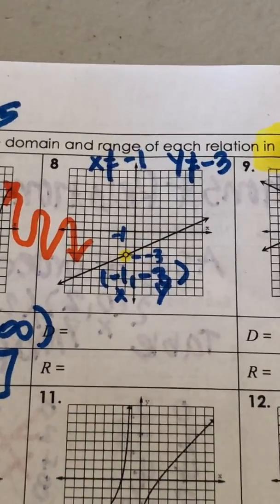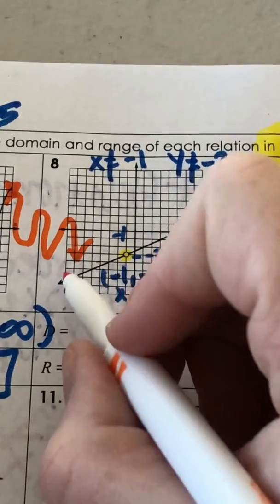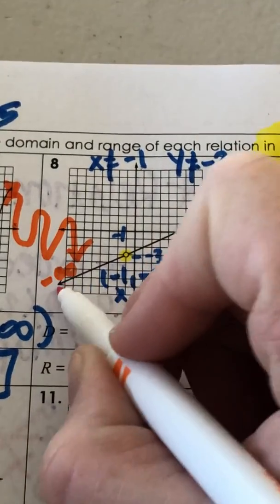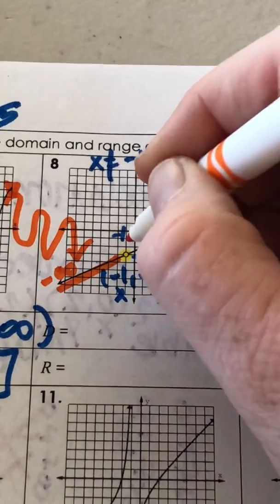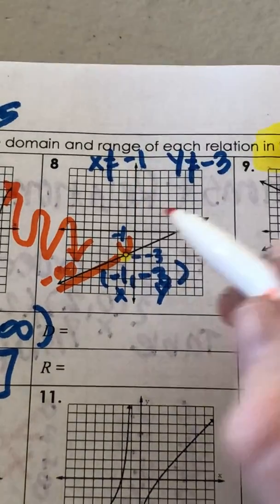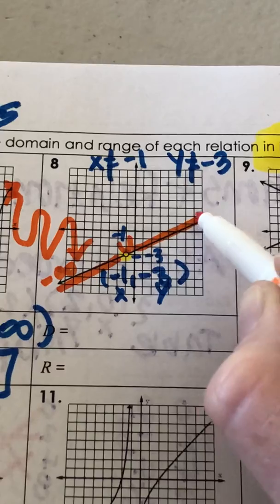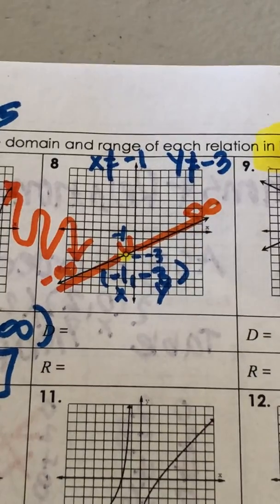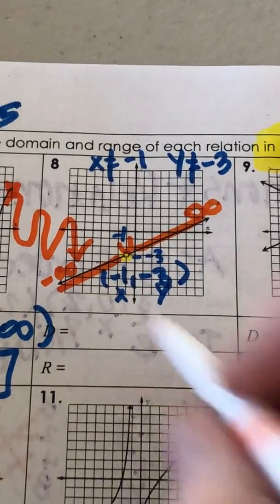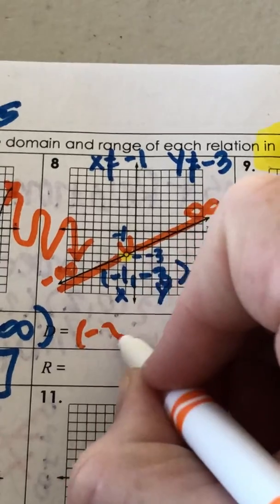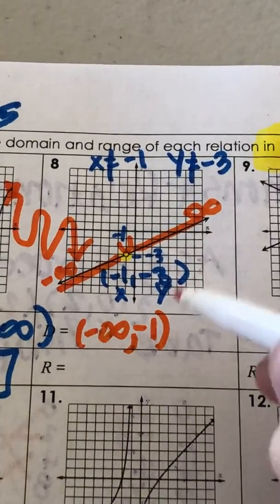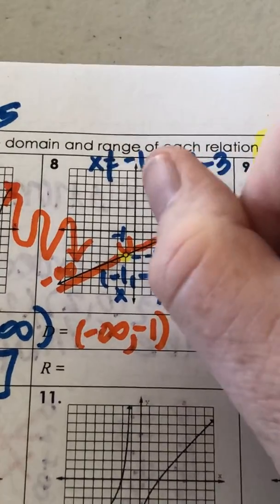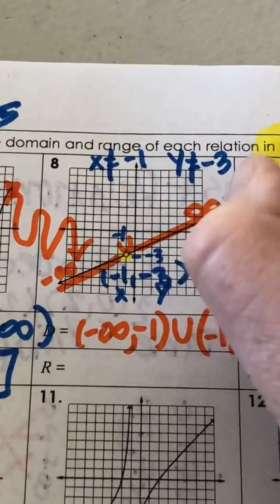All right, so x cannot be -1. So that means from -infinity all the way up to this point, it can be included. Then there's a gap, so union this point all the way to infinity, okay? So our domain's going to be (-infinity, -1) union (-1, infinity).